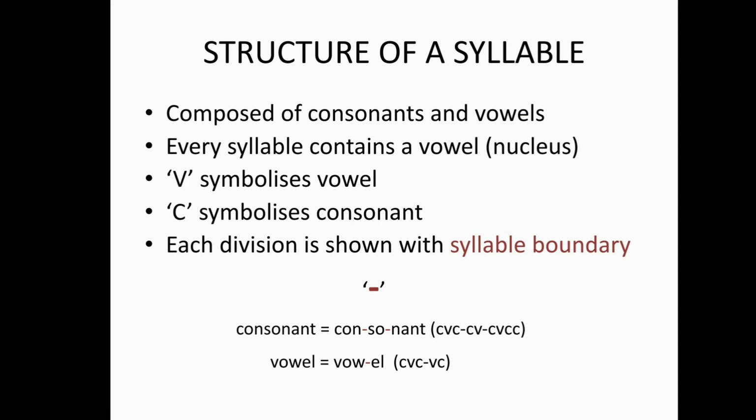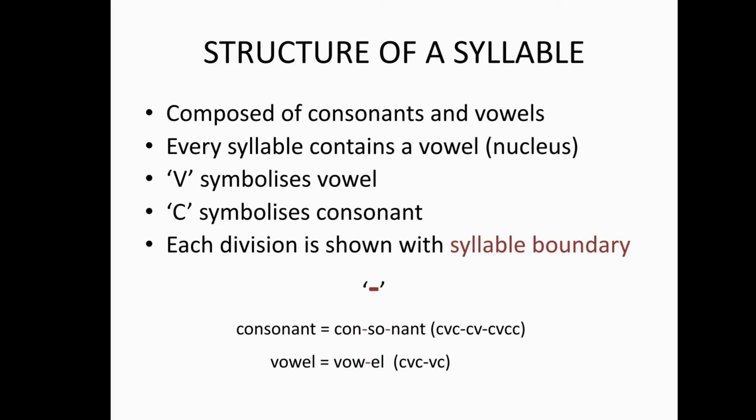Now, coming to the structure of a syllable. The formation of a syllable, we call it the structure of a syllable. It is composed of consonants and vowels. Every syllable certainly contains a minimum of one vowel. We call it the nucleus of the syllable.